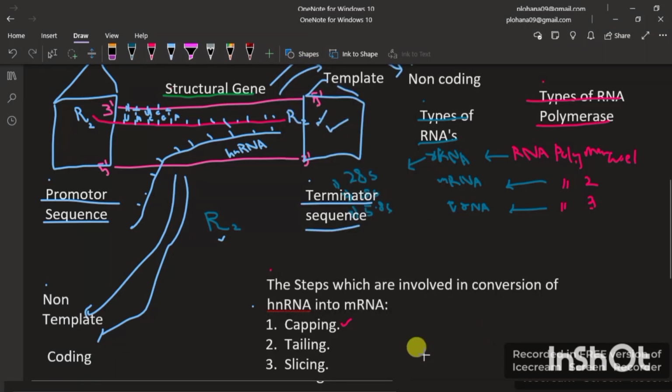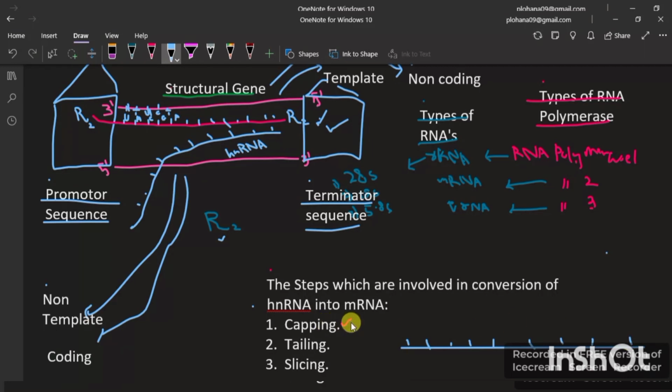Let me make it a straight line. So here we have hRNA. This we are going to convert into mRNA. Suppose here are nucleotides. But we know that this isn't mRNA yet. This is hRNA, which means it does not contain any type of information in it.